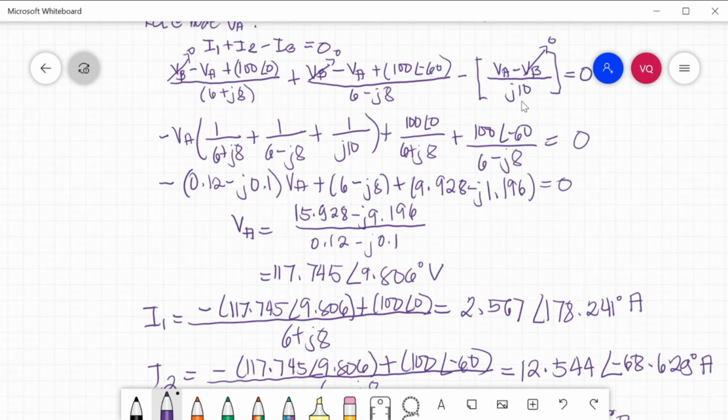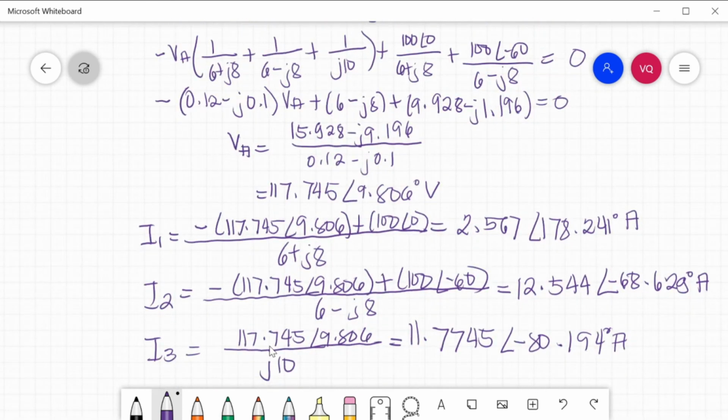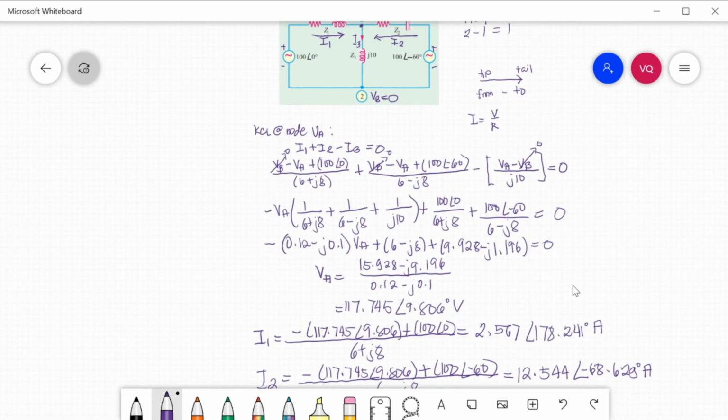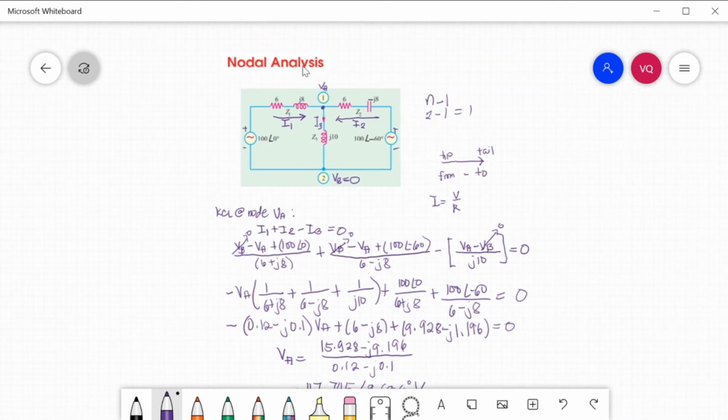We have VA divided by J10, so 117.745 angle 9.806 divided by J10 equals 11.7745 angle negative 80.194 degrees ampere. You can recheck these branch currents using Kirchhoff's, Maxwell, and superposition. So for this circuit, we use the nodal analysis.